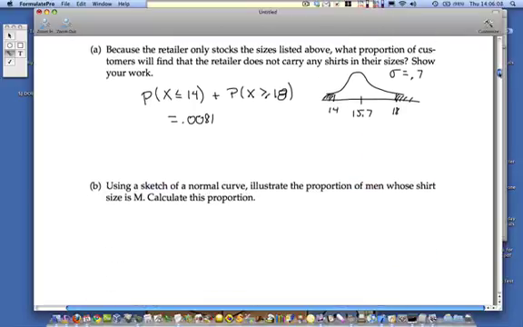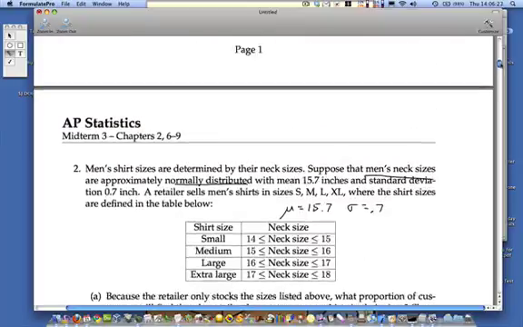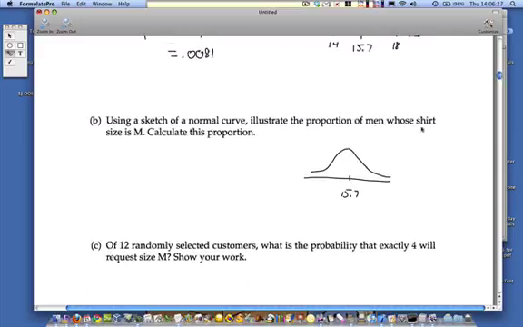If we scroll down a bit: using the sketch of a normal curve, illustrate the proportion of men whose shirt size is medium. Calculate this proportion. It's basically the same distribution, same picture as what we did above. Medium sizes are from 15 to 16. So I'm looking for 15 to 16.